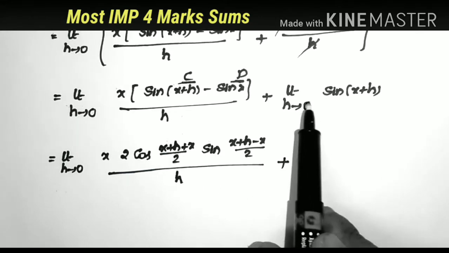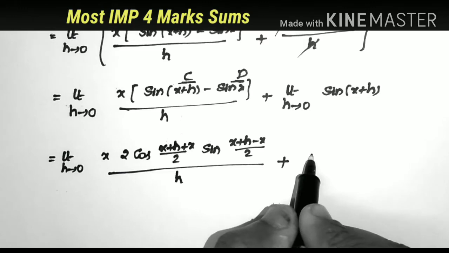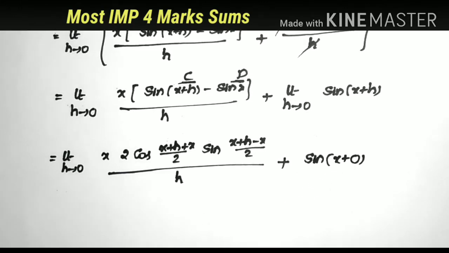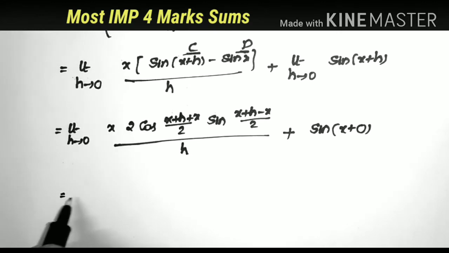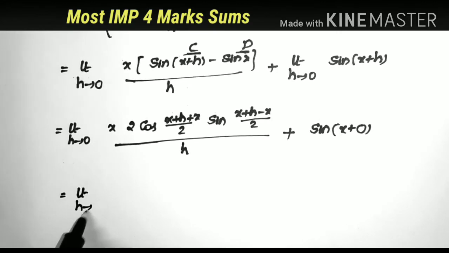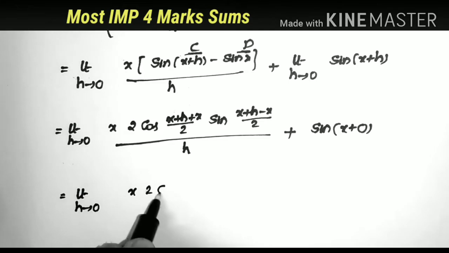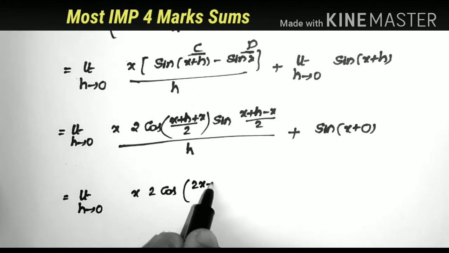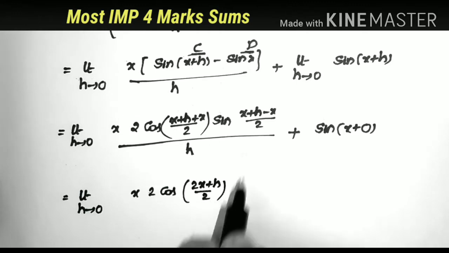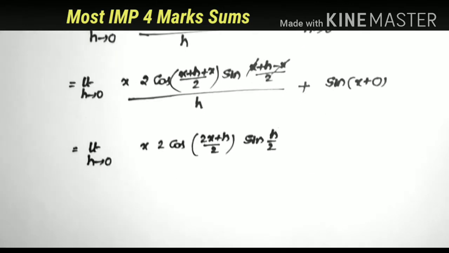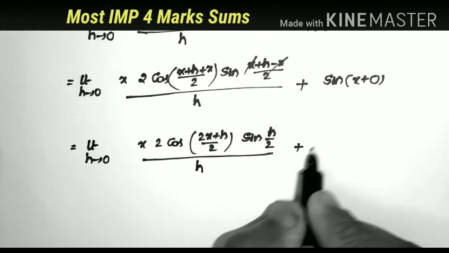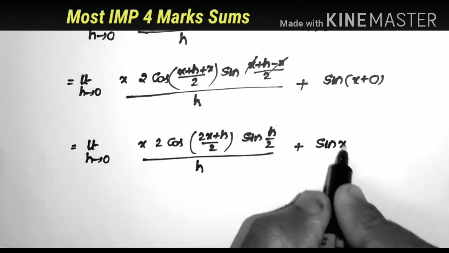Plus, now substituting h is equal to 0 directly in the second function, then what we get? sin of x plus 0. And this is equal to limit h tends to 0 of x into 2 cos of, so this is equal to x plus x, 2x plus h by 2 into, here x and x get cancelled, sin h by 2, whole by h, plus sin of x plus 0 is equal to sin x.